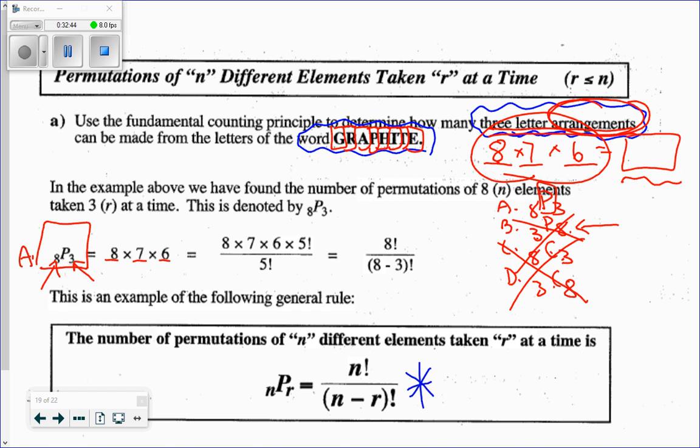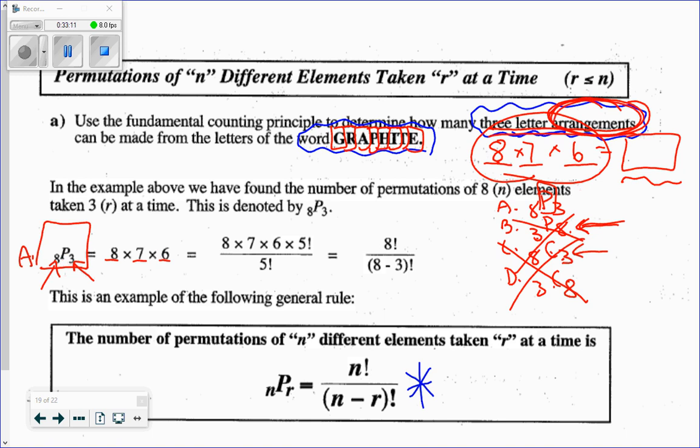As long as I end up with the 3 of you, the order doesn't matter. So when you have a C question, the order doesn't matter. When you have a P question, order totally matters. How do you know the order matters? Because you're doing an arrangement.